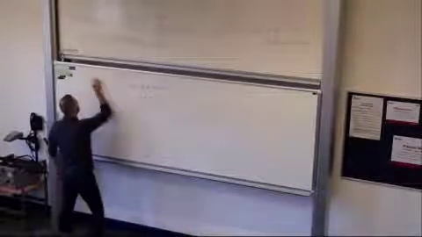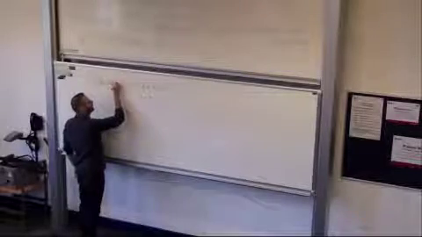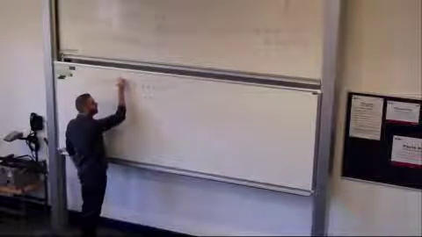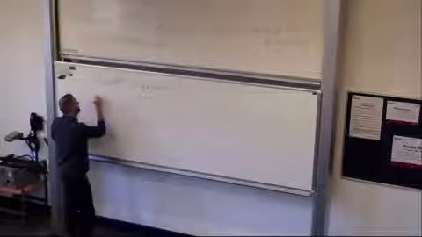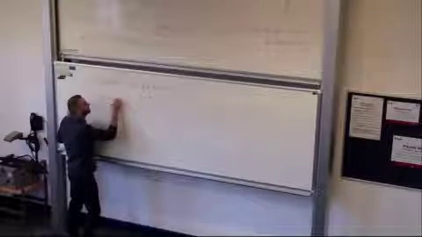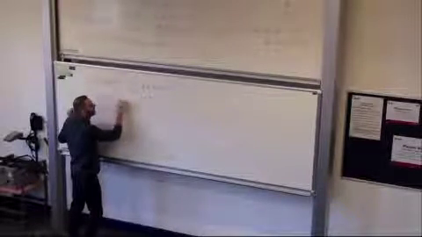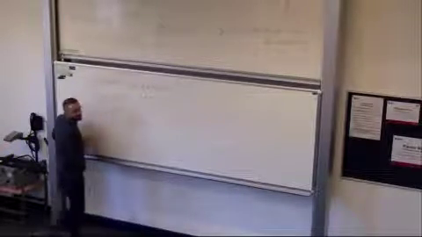So U is the set of x, y, and z belonging to R3 such that this thing is happening. And V is the set of x, y, and z belonging to R3 such that this other thing is happening. So, for these two sets, do the following things.